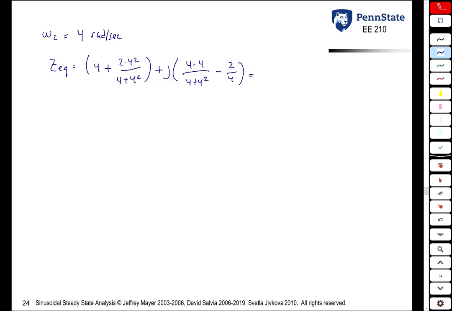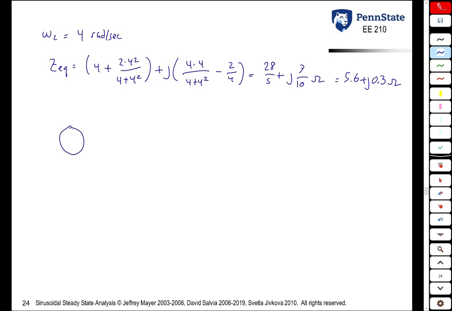You work that out. You get 28/5 plus j 3/10 ohms, or 5.6 plus j 0.3 ohms.